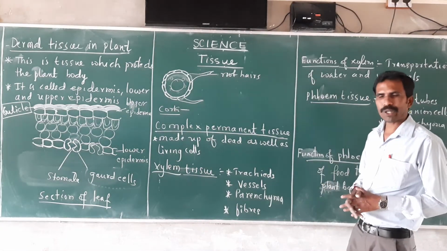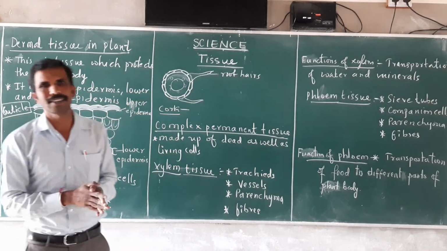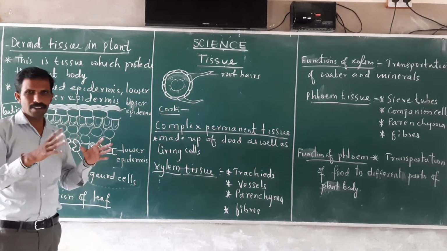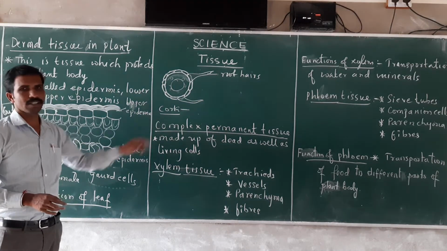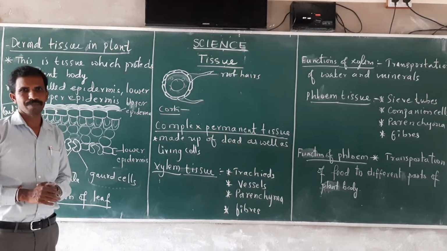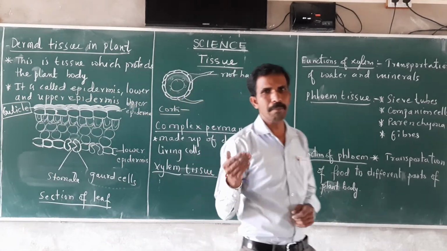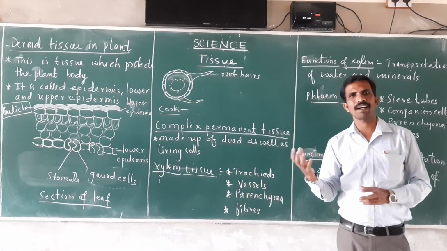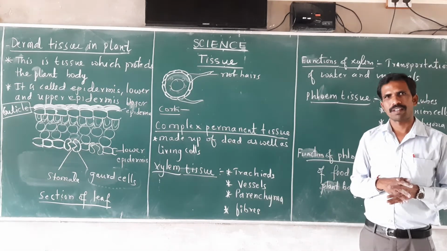And if you take an old tree, there are some dead cells covering the stem or the bark of the tree. That is called cork. They are impervious to water. The water will never enter directly.